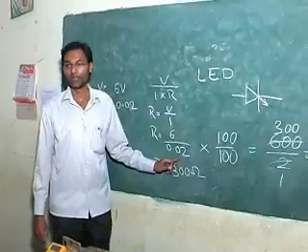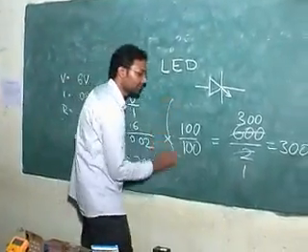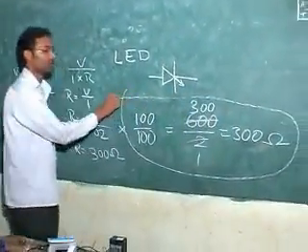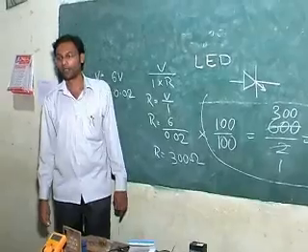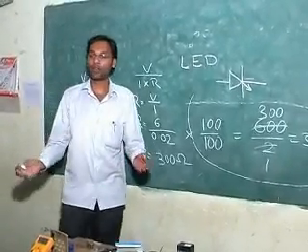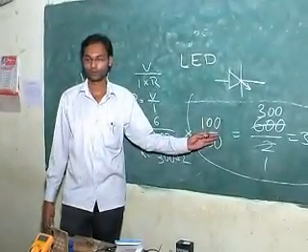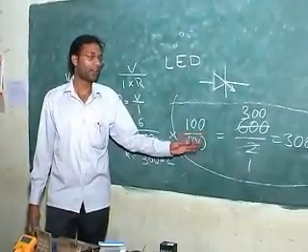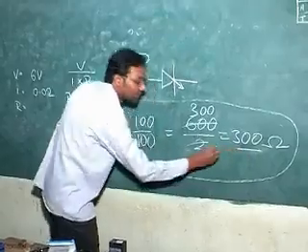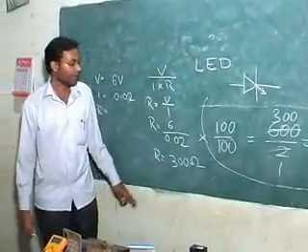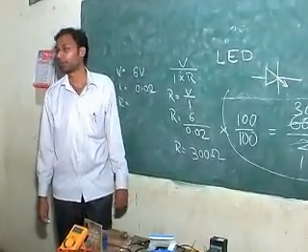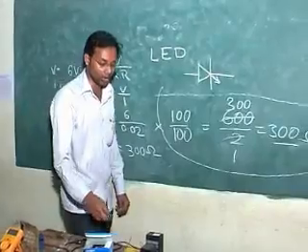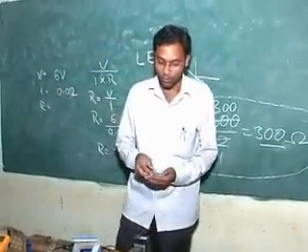Instead of doing all this, you can use a calculator. If you don't have a calculator, then you have to follow these steps. So finally, you got the answer 300. So 300 ohms of resistor you have to use. How many ohms of resistor do you have to use? 300 ohms. Okay. So I will give you one resistor.